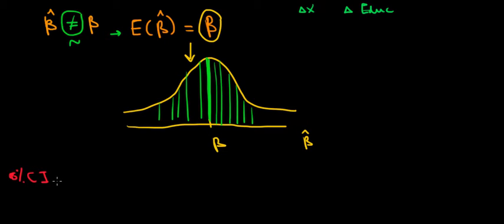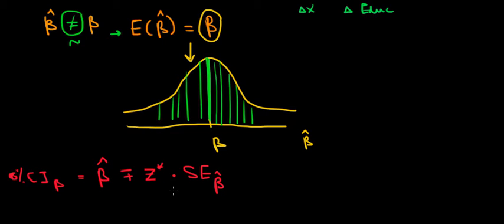The confidence interval of the population coefficient beta shows us a range of values. So we will have the sample coefficient plus minus a margin of error, which is going to be the critical value z at the 95% confidence level, multiplied with the standard error of this sample coefficient.